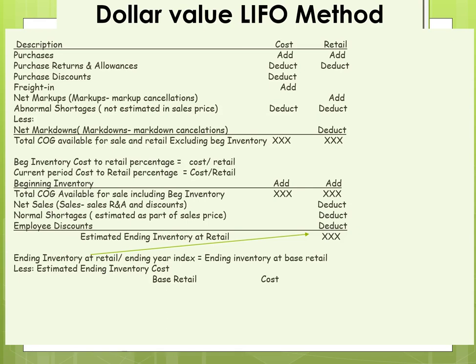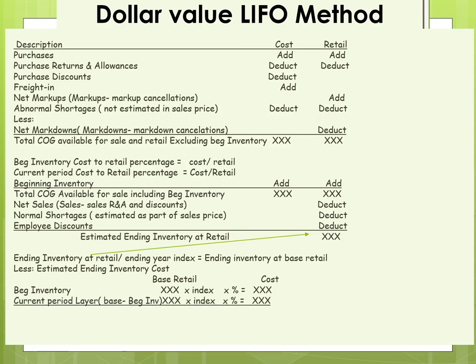So we're going to take our beginning inventory at base times index times percentage, and our current layer, base times index times percentage. And that's going to give us our estimated ending inventory using dollar value LIFO. It's probably easier if we just look at an example.